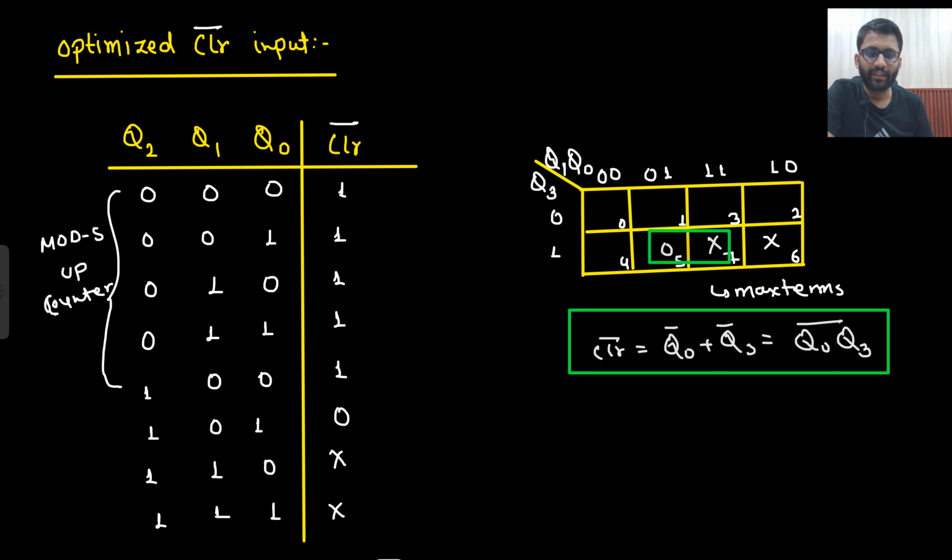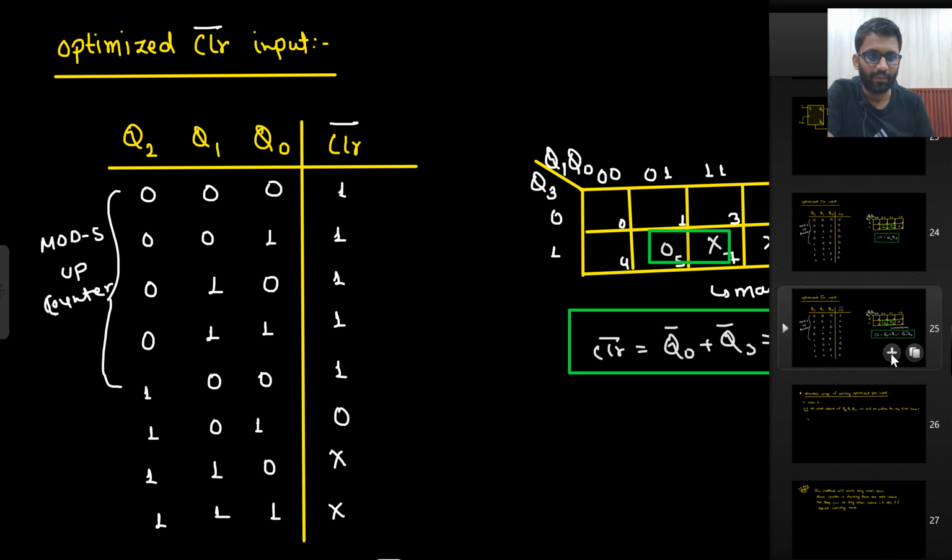How can you represent it? q0 q3, this will be my q0, this will be my q3, q0 q3. This will be my clear input, right?